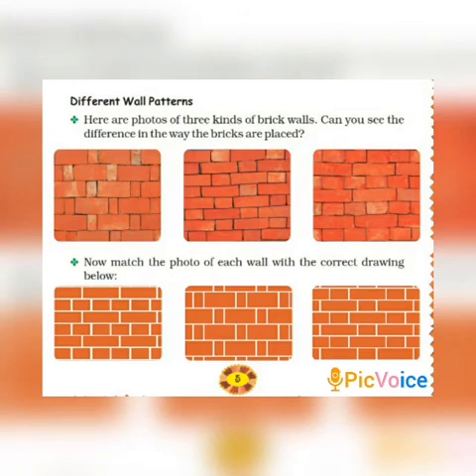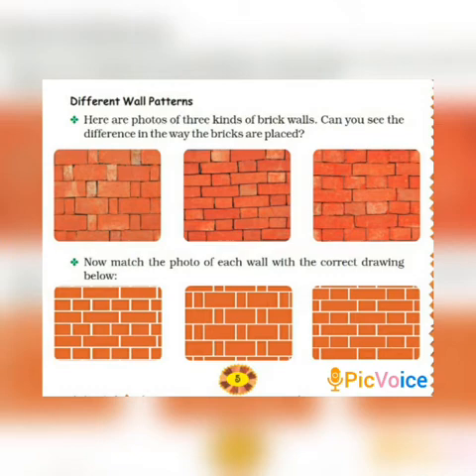Dear students, now let's learn about different wall patterns. Here are photos of 3 kinds of brick walls. Can you see the difference in the way the bricks are placed? These bricks are in different patterns. Now match the photo of each wall with the correct drawing below.